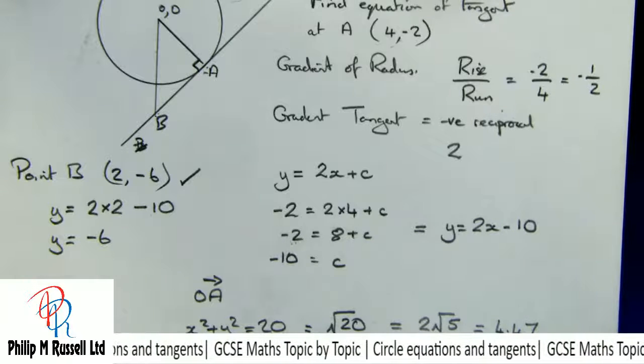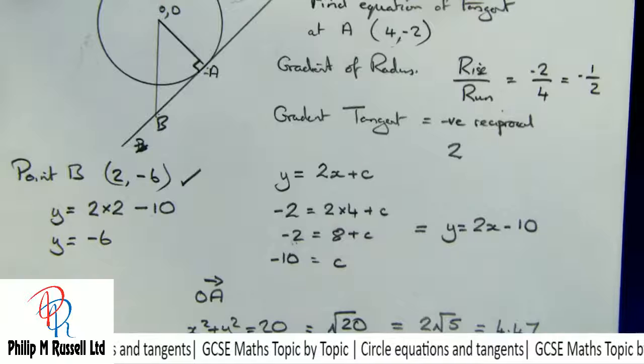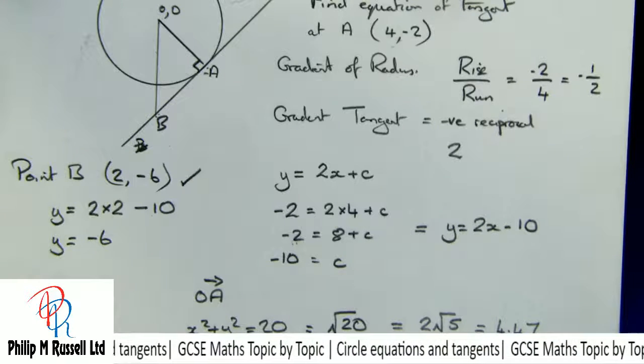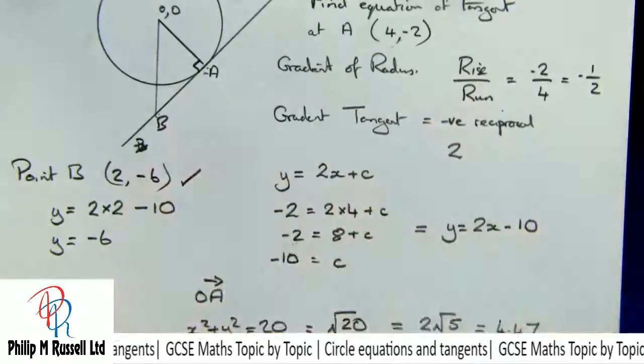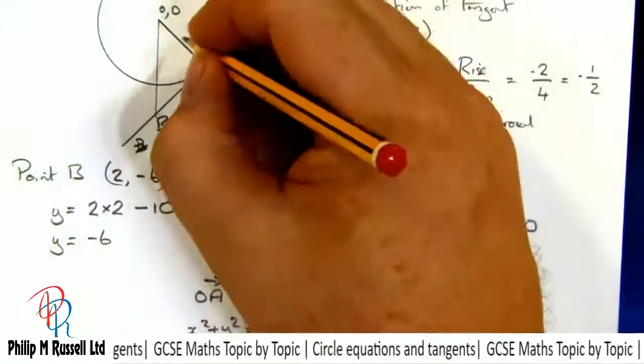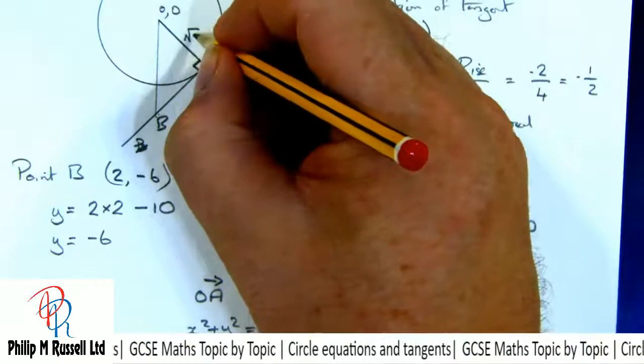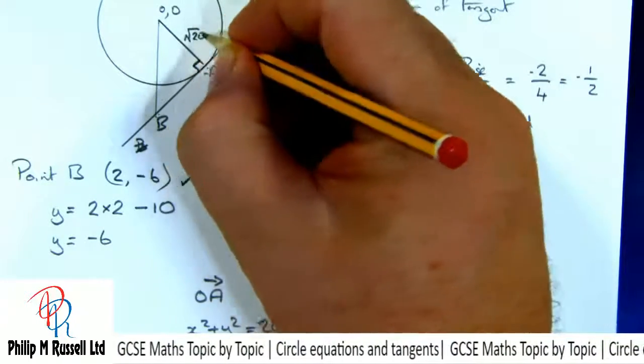I'm not going to worry about this too much at the moment because we're going to use this number to calculate here. So I know that distance is the square root of 20.